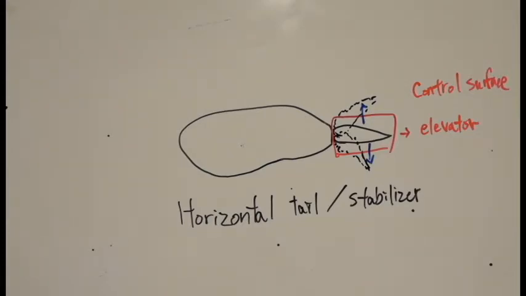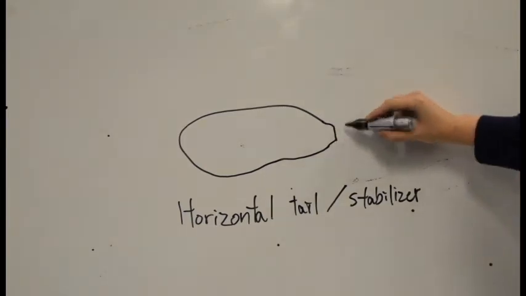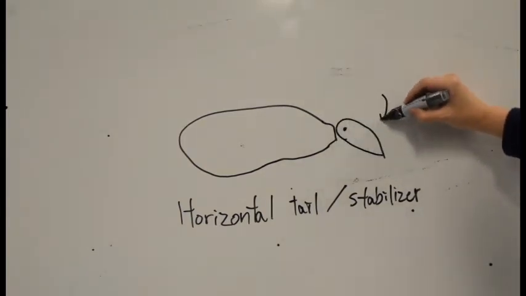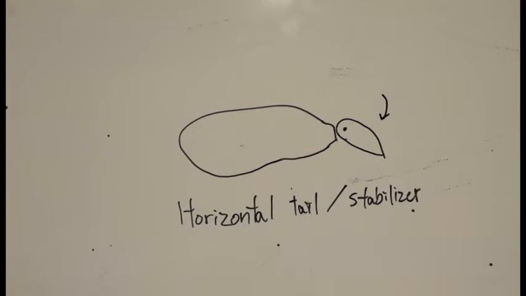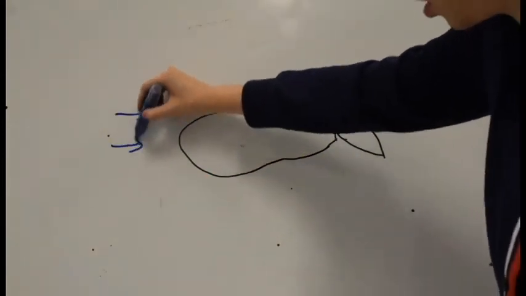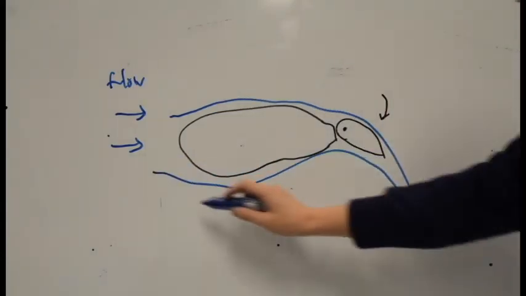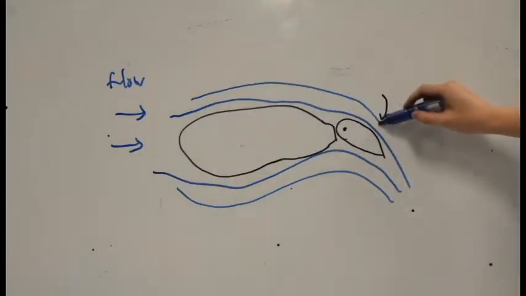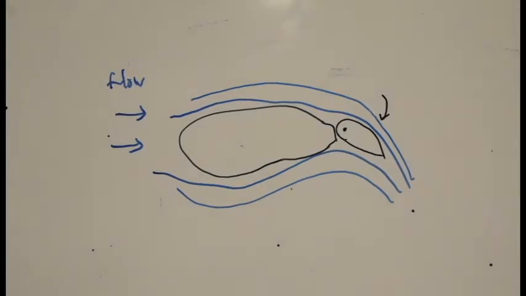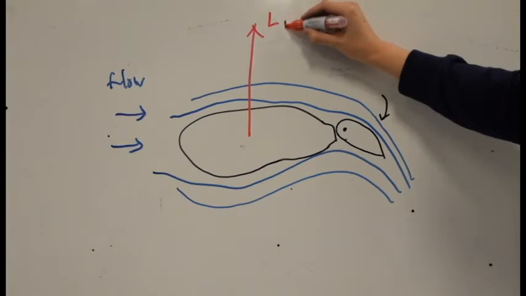Generally, tail parts have symmetrical airfoils, so assume that it is also a symmetrical airfoil for the tail in this example. When the elevator turns down, airflow will be guided and pushed downwards. According to Newton's law of action and reaction force, it will cause an upwards force on the horizontal stabilizer, and that's the lift it produced.